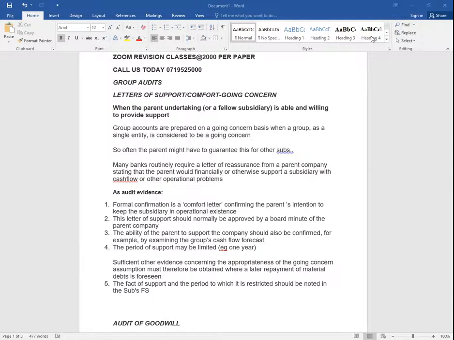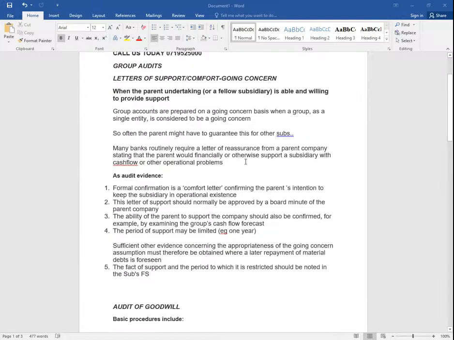So we told you that group accounts are prepared on a going concern basis when a group as a single entity is considered to be a going concern. So often the parent might have to guarantee this for other subsidiaries. Many banks routinely require a letter of reassurance from a parent company stating that the parent would financially or otherwise support a subsidiary with a cash flow or other operational problems.